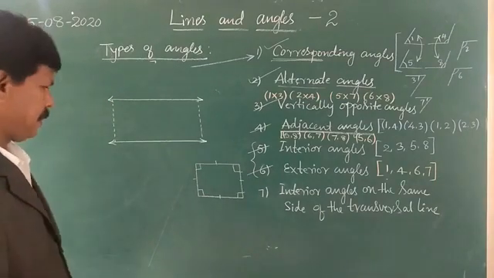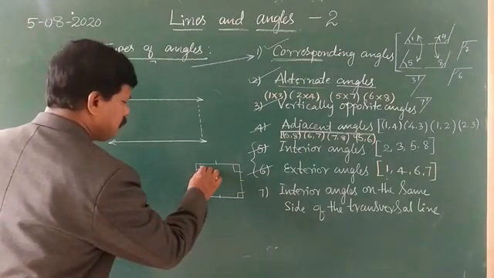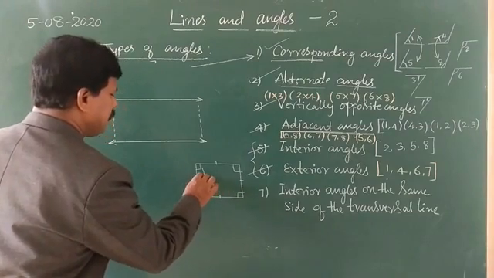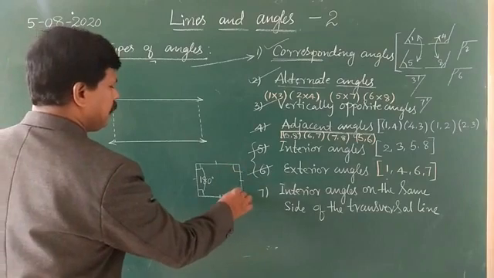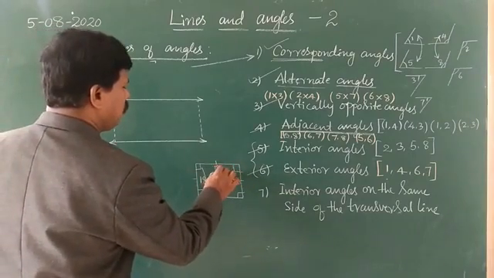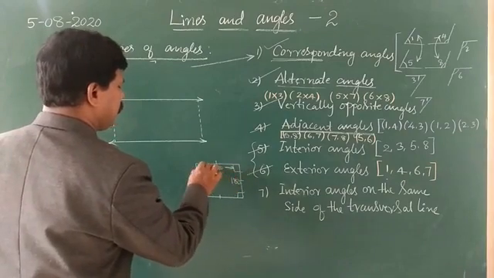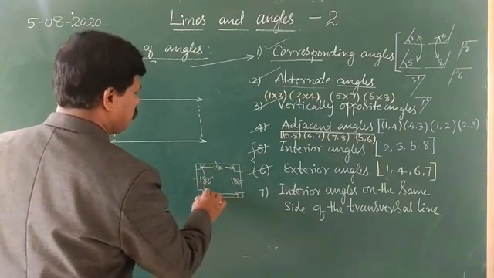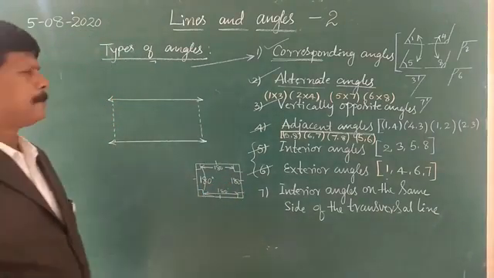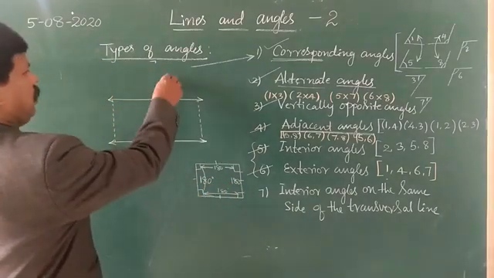Clear? Right. Now, here this 90 plus 90 is 180 degrees. This 90 and 90 is equal to 180, or this and this is equal to 180. This and this also equal to 180 degrees.